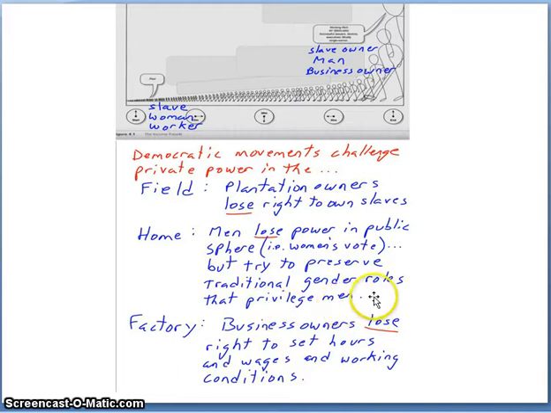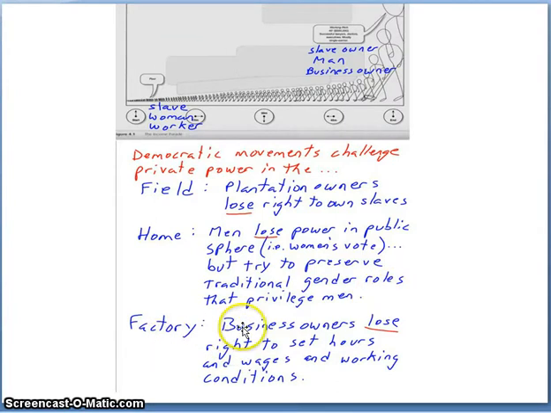So here's an example where women achieved public power with the right to vote. But Robin argues men still tried to hang on to the private power in the home through the differences in gender roles, and through privileged access to economic job positions, which women only slowly began to have more access to.